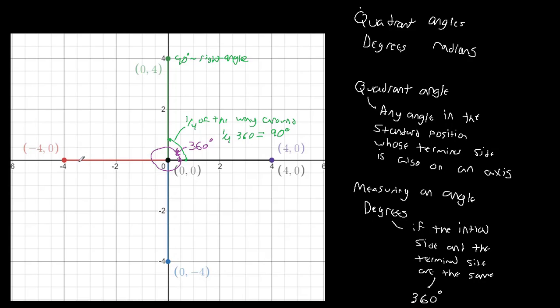Well, what happens if we were to go from here? This is going to get really cluttered. What happens if we go from here, all the way around past the 90 to here? What is this angle? Well, in this case, we've gone 1/2 of the way around.